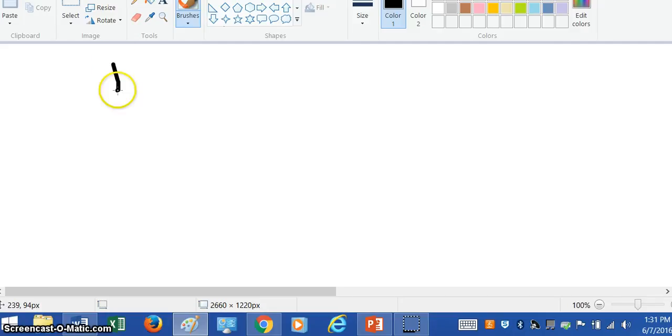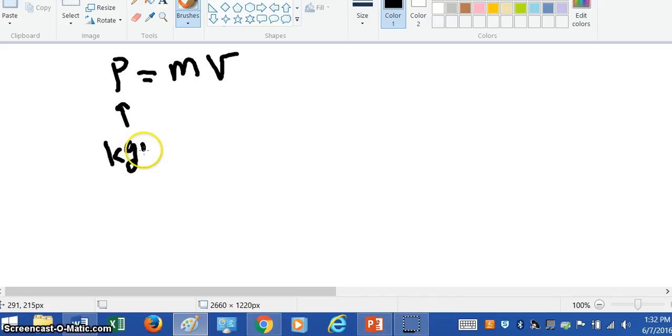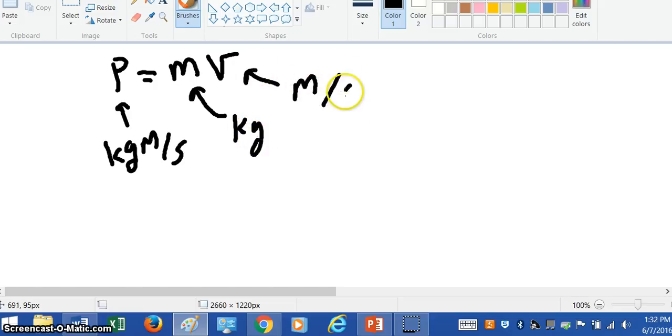So we have P, momentum is mass times velocity, and the units are, let me just put them below here, kilograms times meters per second, and of course the mass is in kilograms, and the velocity is in meters per second.